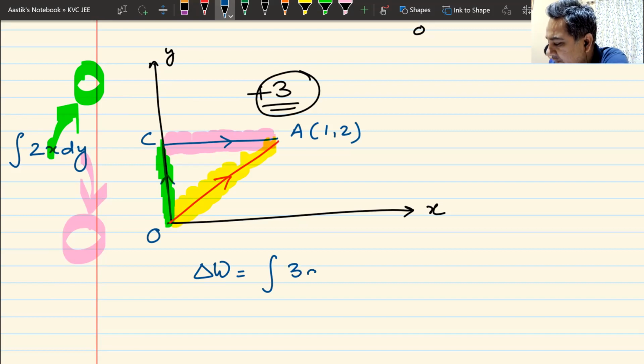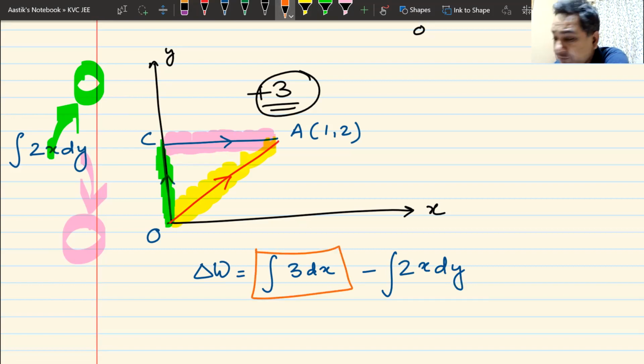So I have to find the integral of 3 dx minus 2x dy. Now, this integral will always be equal to +3. Yes or no? There's no problem with this integral. The only problem is with the second integral.